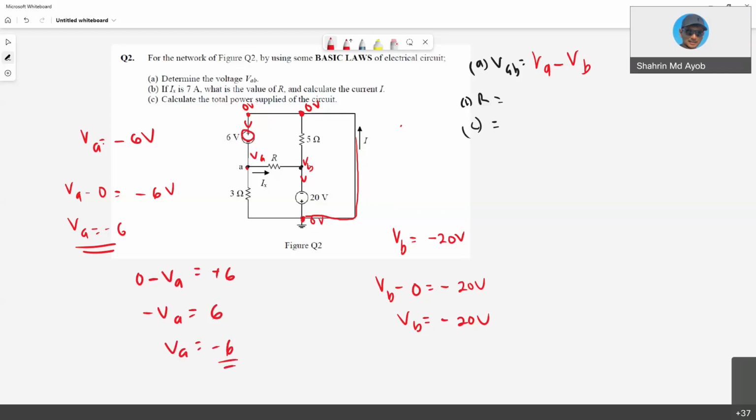So your VAB, it's actually VA minus VB. So you just substitute the values. Negative 6 minus your VB, which is negative 20. So you should get positive 14 volt. So that is your VAB.